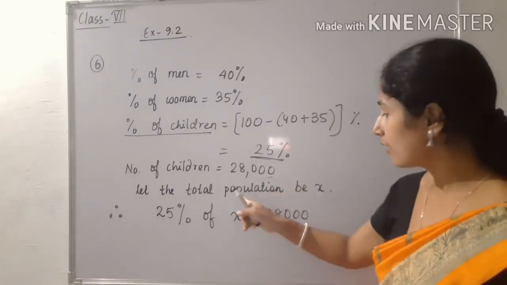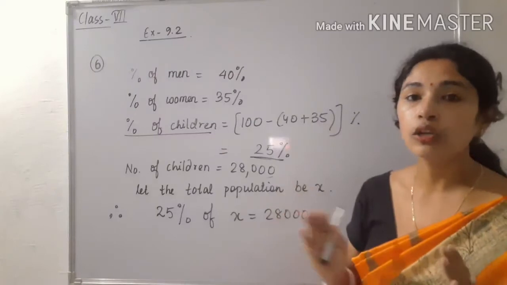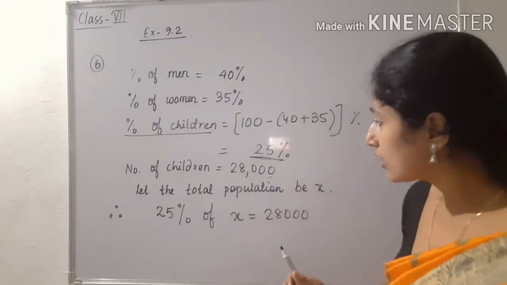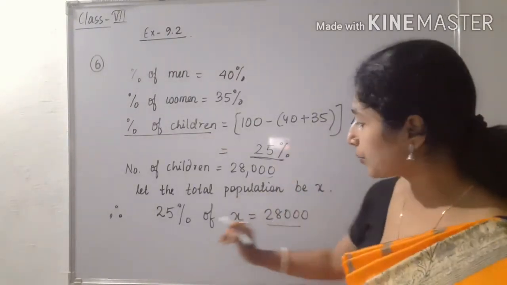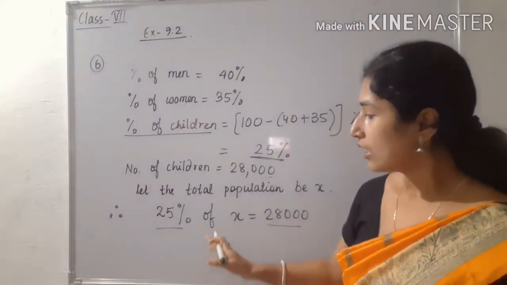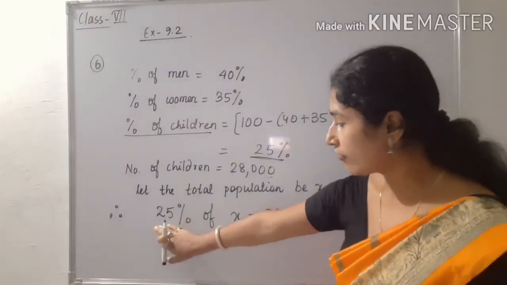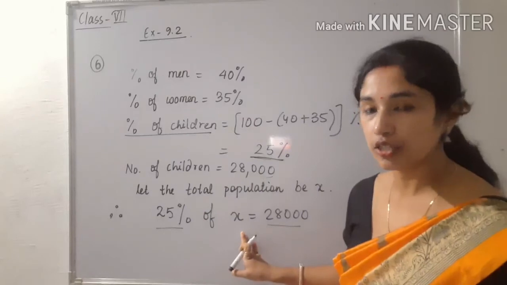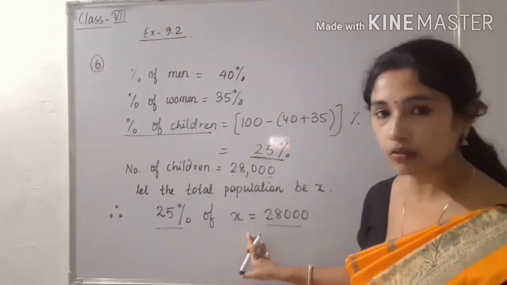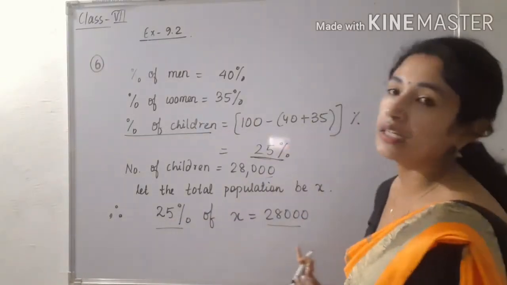Here the total population, that is the whole, is not given. What is given is the number of children and the percentage of children. So we can easily write it like this: 25% of the total population, 25% of X, is equal to 28,000.